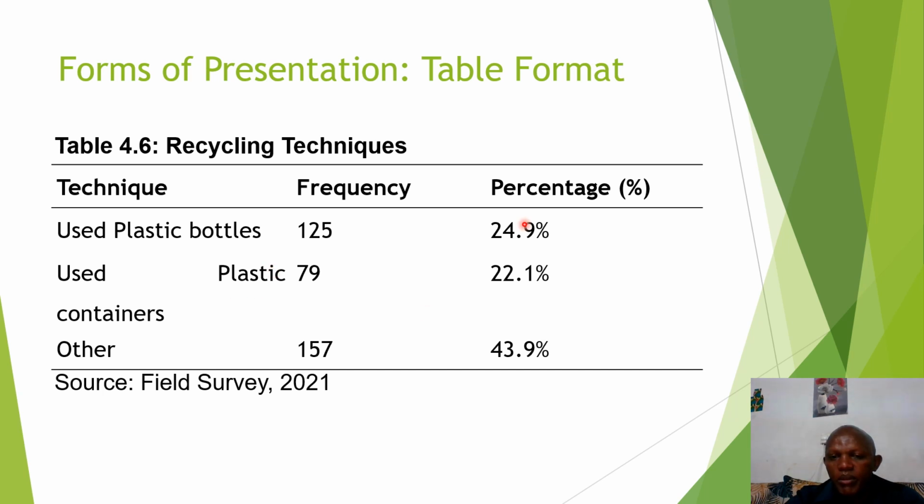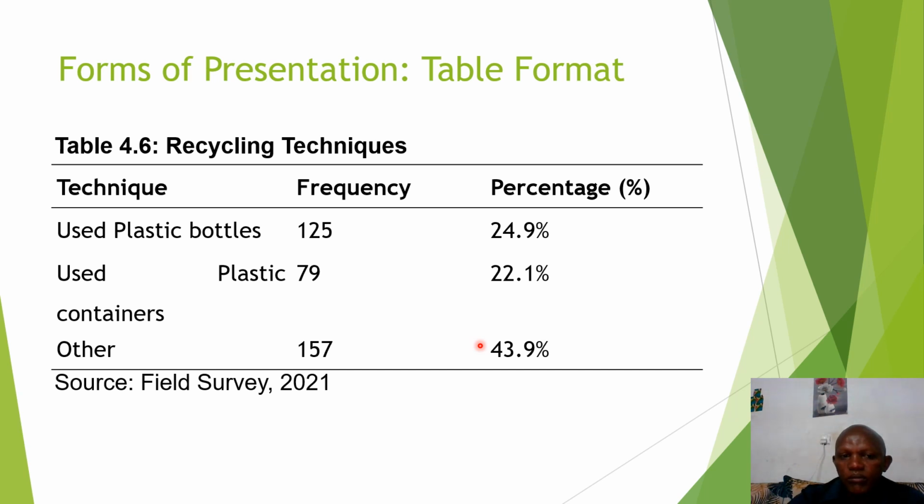Now, why do we use percentages? Remember, if this has a total of about 357 respondents in this study, what we're simply saying is that when you express it as a percentage, you're able to extrapolate, you're able to give a projection for another larger population sample.